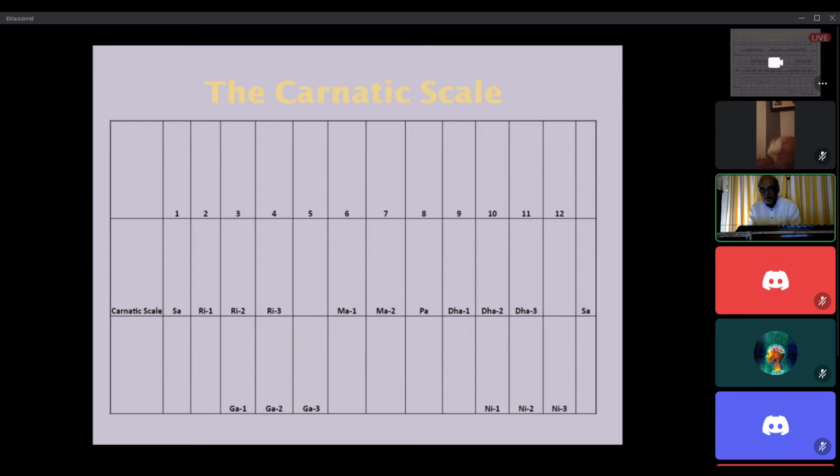If you choose the R2 position, I can't use R1 and R2 together because we can't use the same note. But if I use the R2 note, I've got to call it G1 if I'm going to use R3 after that.